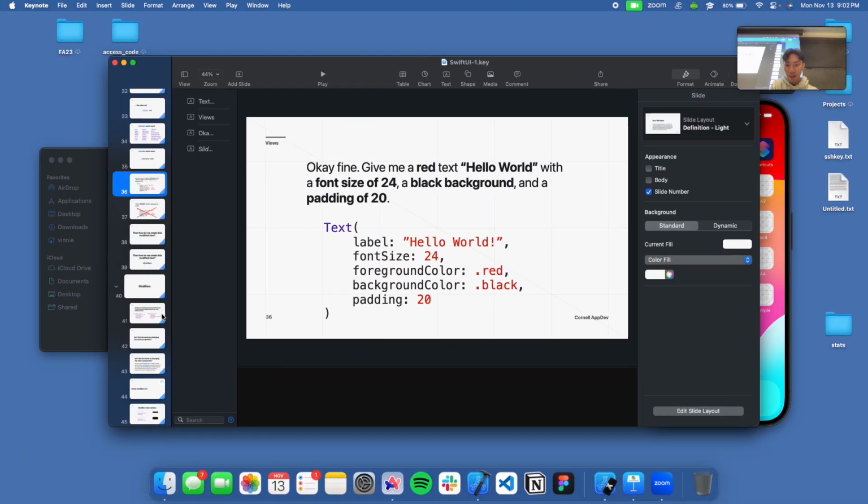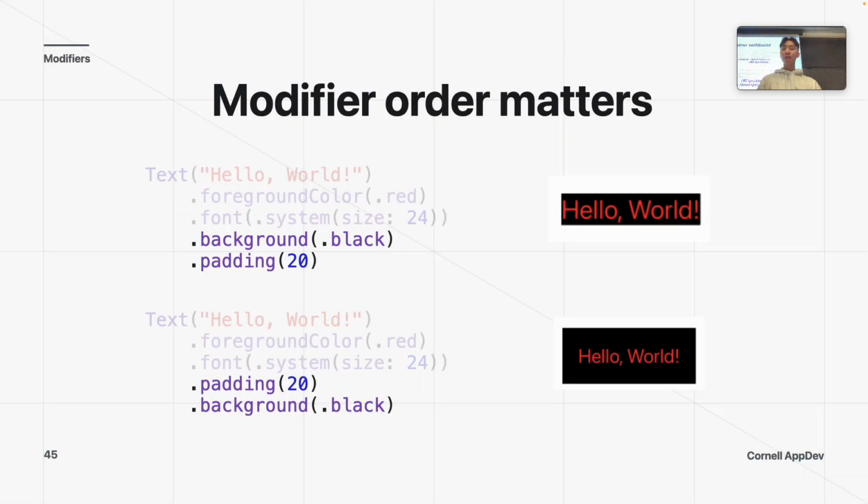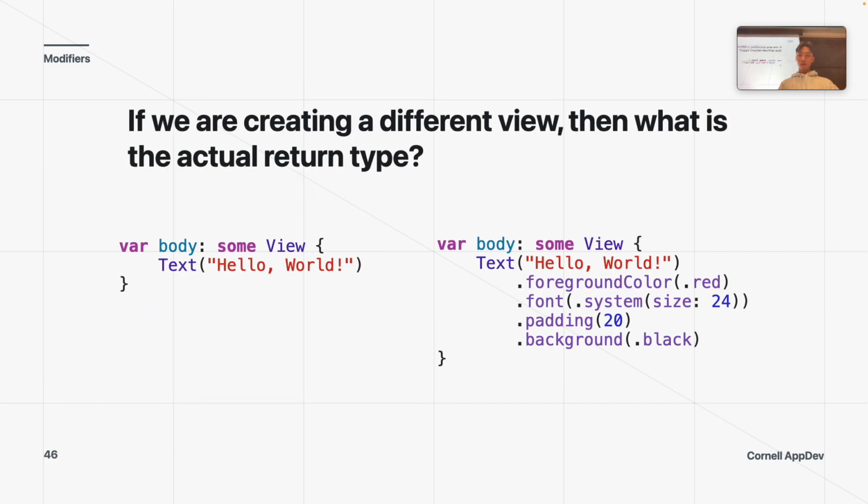In other words, the order in which you use your modifiers really matters. As you can see, these two give you two different views depending on the order in which you place them. Now, if we are creating a different view every time we add a modifier, then what is the actual return type of our view?